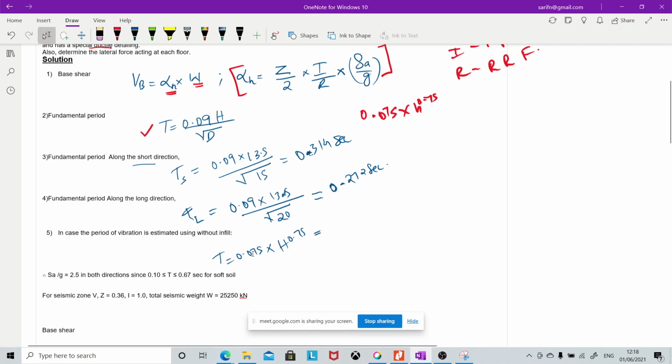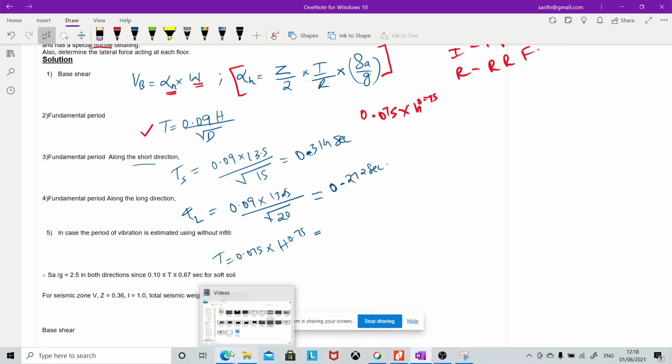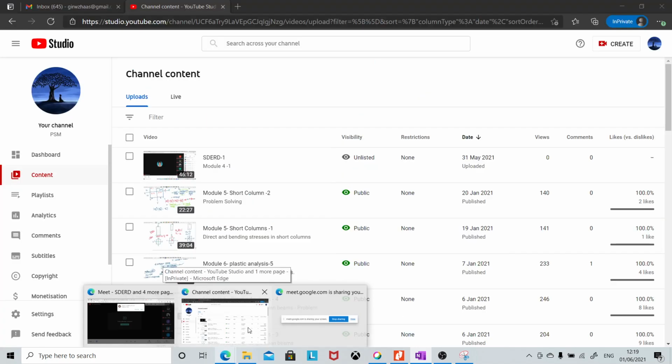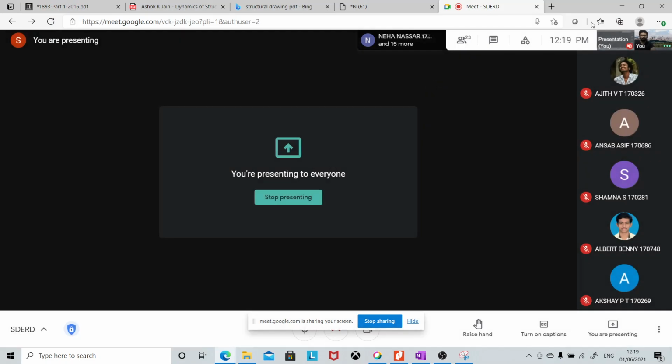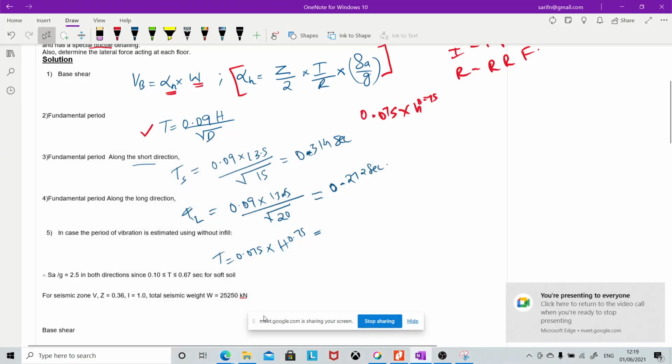If we do this, we will get the value as, I think, 0.352 second.